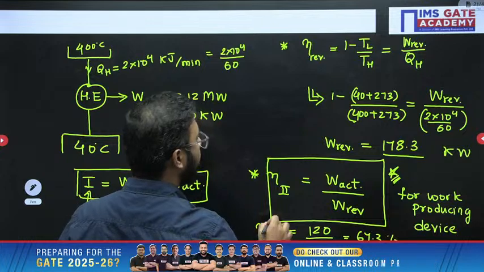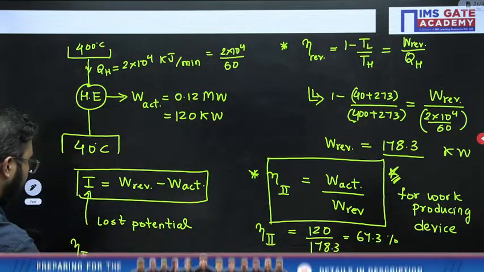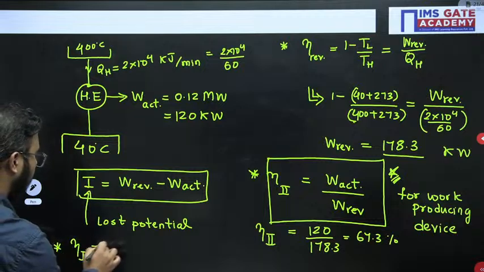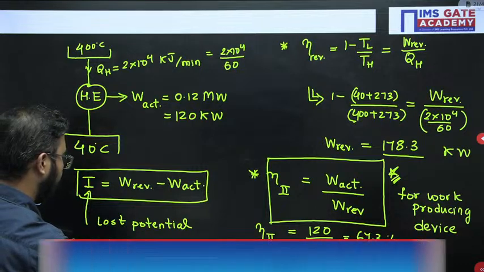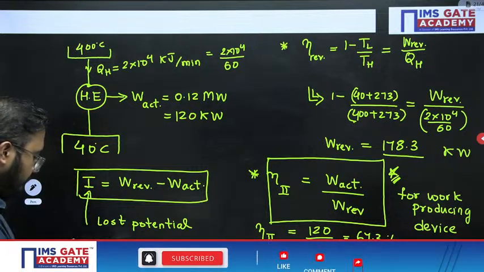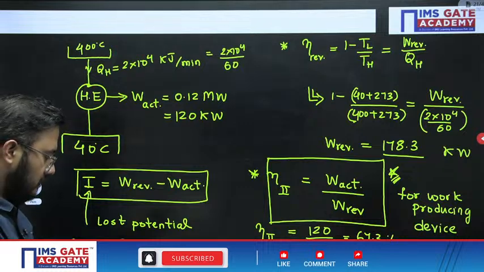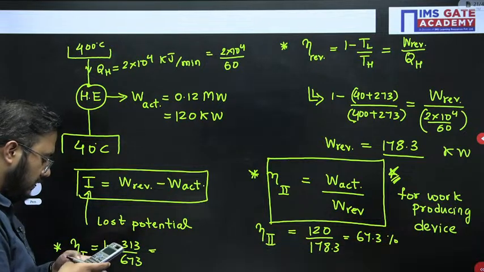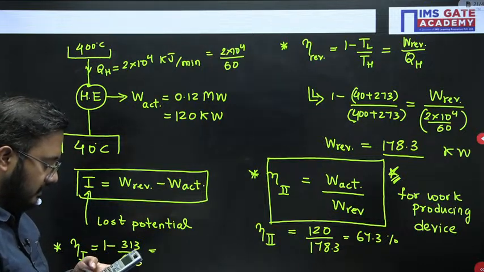This is second law efficiency. If I have to write the first law efficiency here, I will write it like this. First law efficiency is 1 minus TL by TH, so 313 divided by 673.